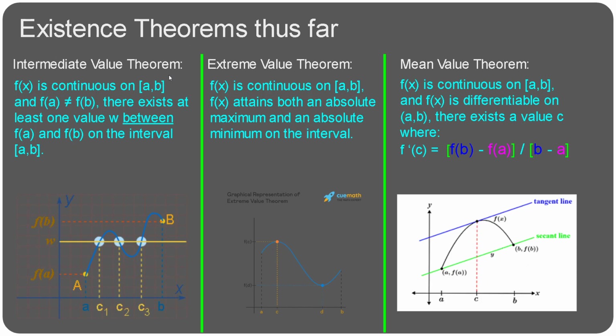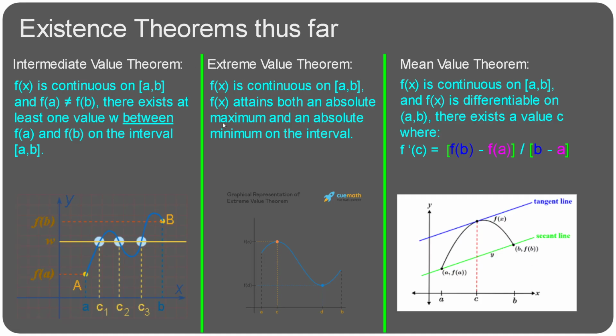So let's go over a quick review of the existence theorems we have so far. The intermediate value theorem is really easy. If your function is continuous, there exists any value w between f of a and f of b on the interval a to b. So you have to reach every single y value at least once.